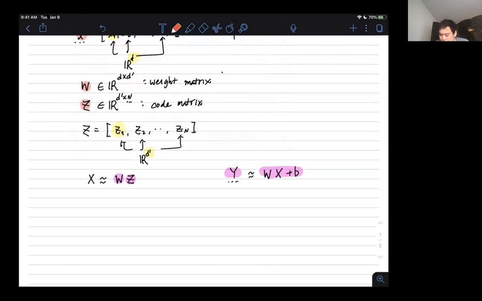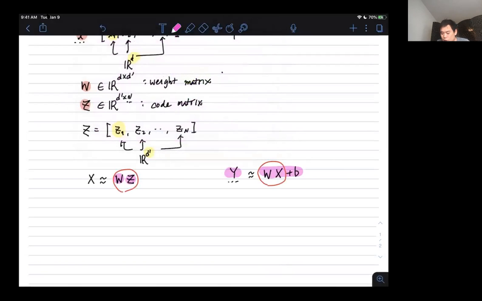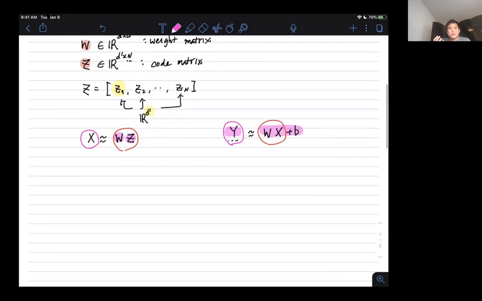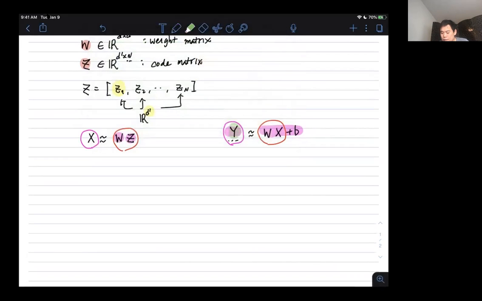Then we see a stark similarity here. There is a product of two matrices on the right side for both linear regression and matrix factorization, and a single matrix on the left-hand side for both. But what is the major difference? In linear regression, we observed both the left-hand side and part of the right-hand side.